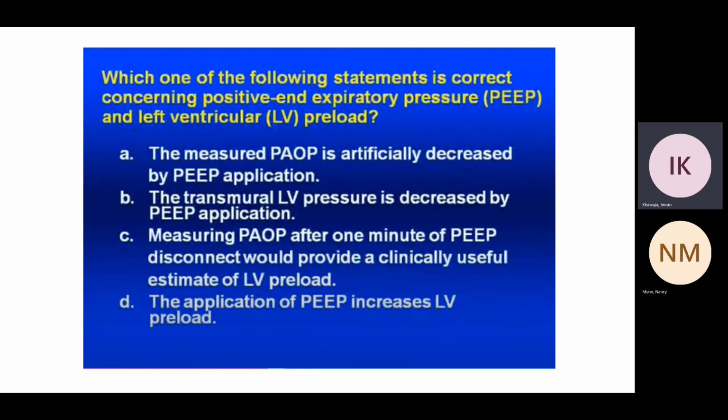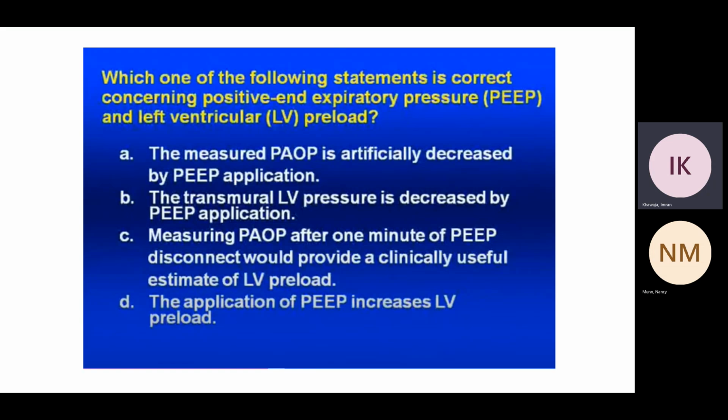What's transmural pressure, Anthony? It should increase. What is transmural pressure? It is the wall tension, wall pressure, right? It should increase by increasing PEEP. So when someone comes to you with pulmonary edema, increasing the intrathoracic pressure will increase the wall tension.